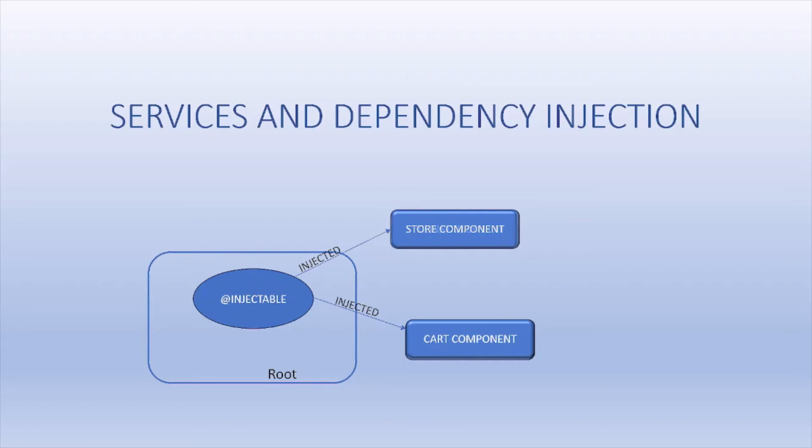And how do we do that? Through the constructor. So what code we'll put into the constructor, we will see when we get into the code itself. Right, for now, let's go ahead and create the service.